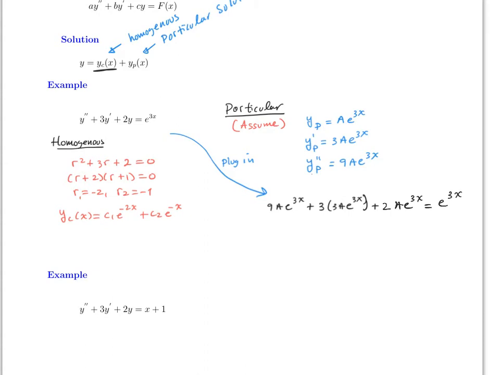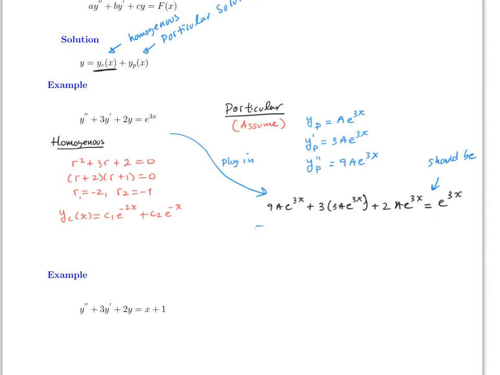So this is what should be. So you just need to make sure that the coefficients match this one. That's why it's called undetermined coefficients.